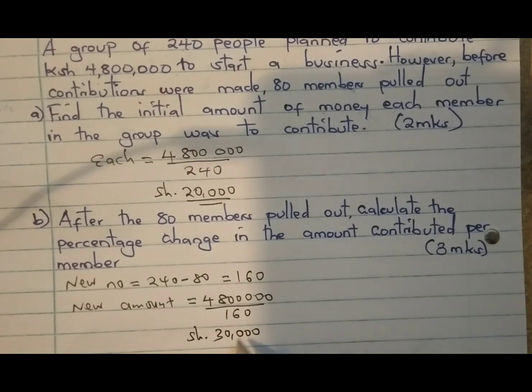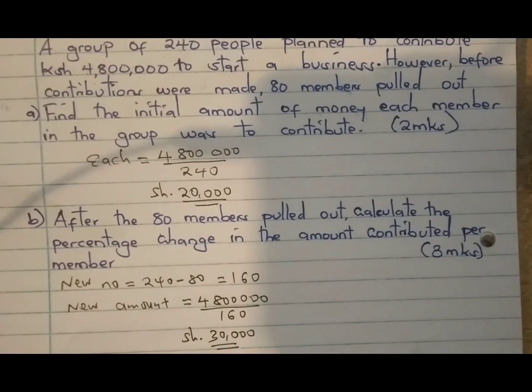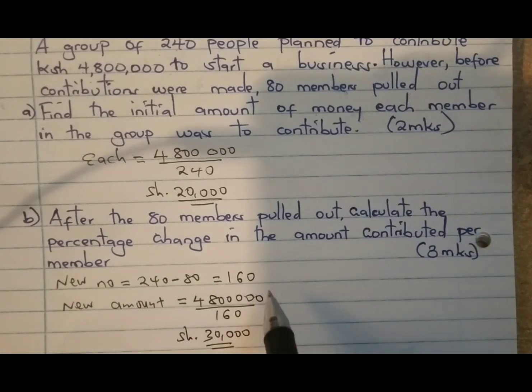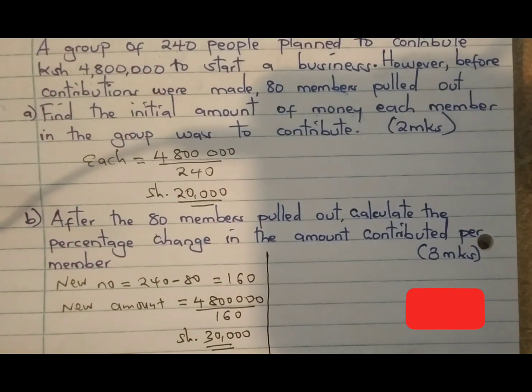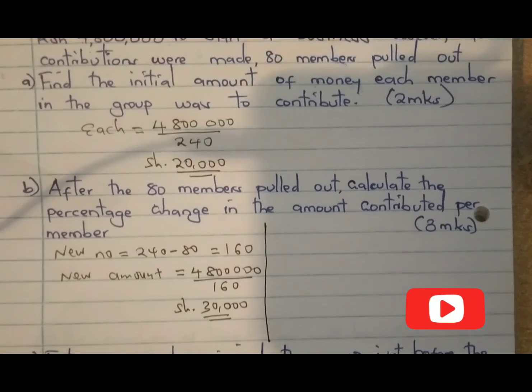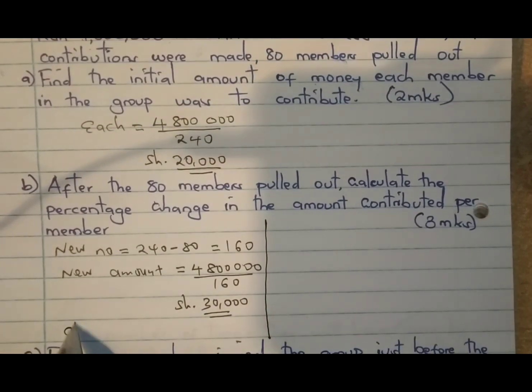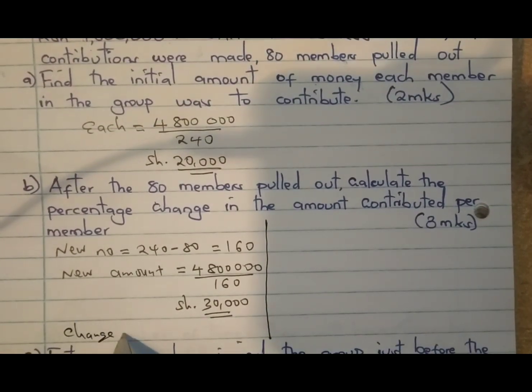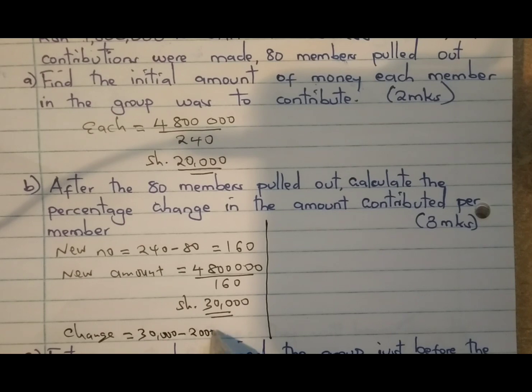30,000 shillings. But what we are supposed to calculate is the percentage change in the amount contributed. The first thing we need to get is the change, and therefore the change in contribution will be equal to 30,000 minus 20,000, and this gives us 10,000 shillings.